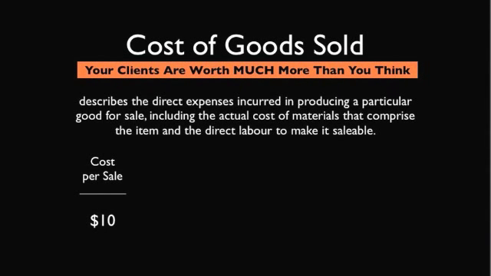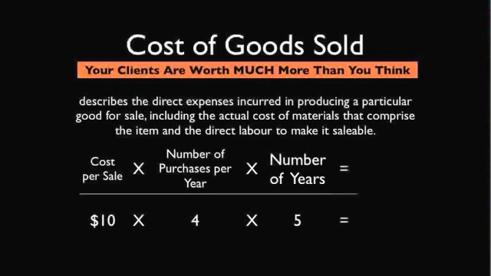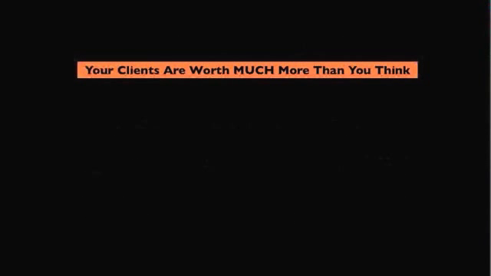So let's say cost per item of that $100 item was $10, and you multiply that again by the number of purchases per year, so $40, and again the number of years they're doing business with you, which is 5, to give you a grand total of $200. So right at the moment, versus your revenue and your cost of goods sold, it's costing you $200 to make what you're making $2,000 out of over the course.